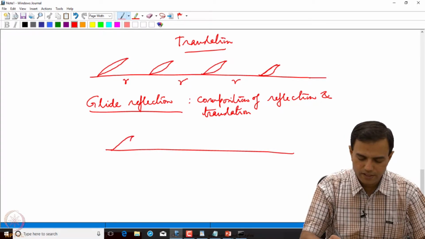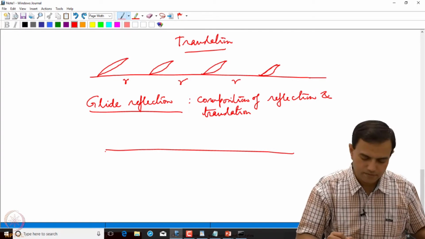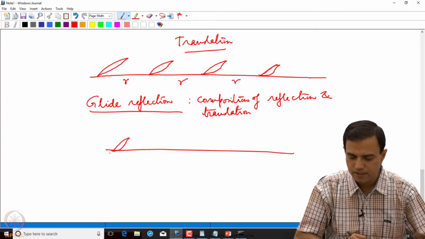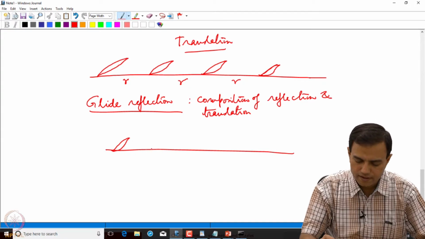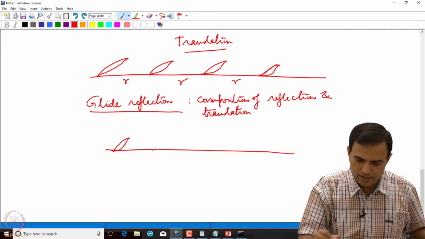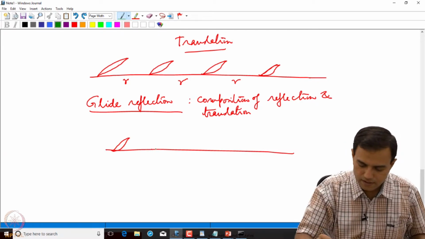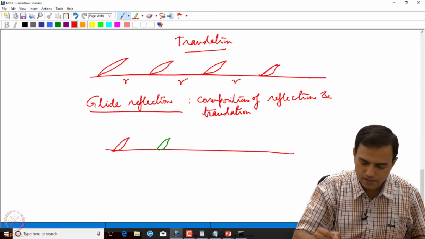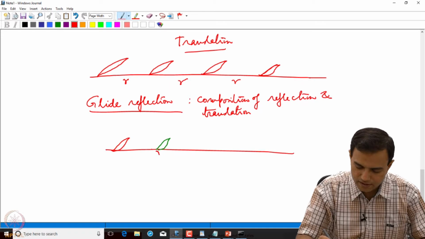Okay, so here is some object. Let's take this one, some object. I translate it and then I reflect it. Let me take some other color. I translate it and then I reflect it.